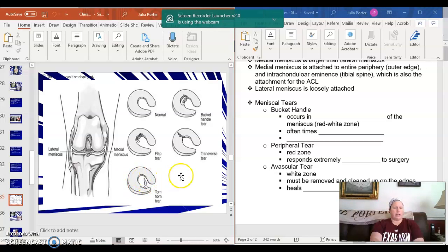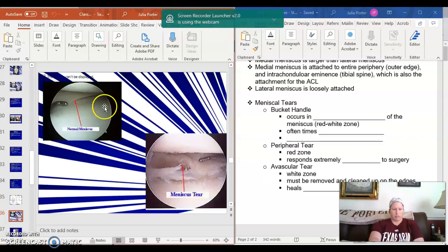If they're in the avascular zone, they will be taken out. So again, you can see here, it looks like a very paper-thin piece of material in the body. So that's the meniscus, that's normal. And then a meniscus tear is very frayed. So this is because it's caught in the joint, a lot of rubbing, a lot of inflammation, and then it just tears because it becomes weaker.